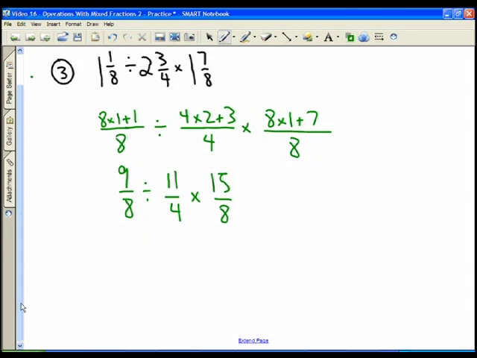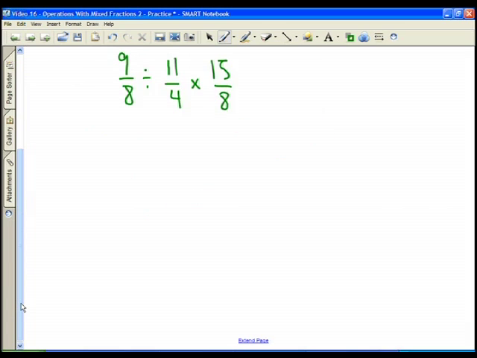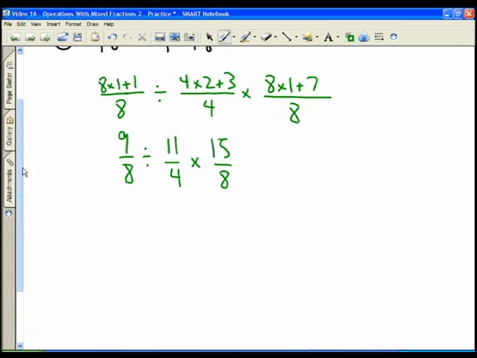And now we have to make sure before we reduce anything that all of our signs are multiplication. So we have 9/8 times 4 over 11 times 15/8. So remember again, when we divide fractions here, we change the sign to multiplication and we flip the fraction.